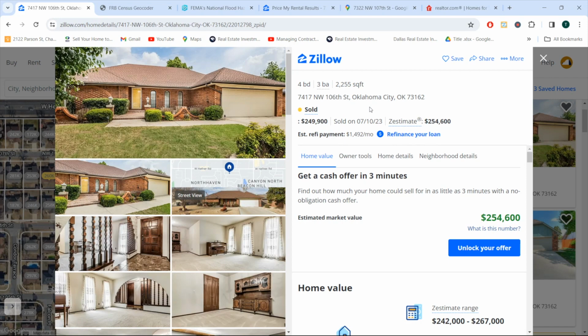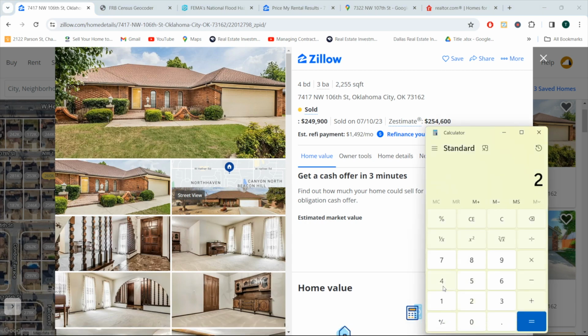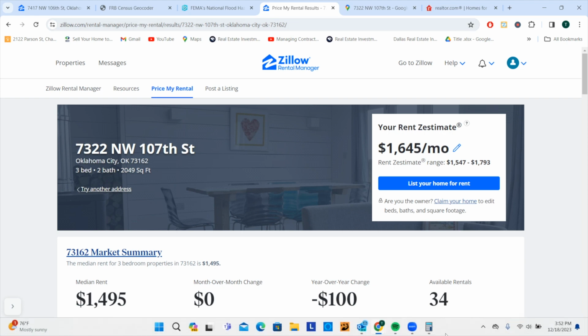So I'm going to say 249.9, yeah, I know I'm going to the Nats, but that's okay, divided by 2,255. That's a price per square foot of $110. $110 per square foot. I'm going to multiply that times ours, which is 2,049.